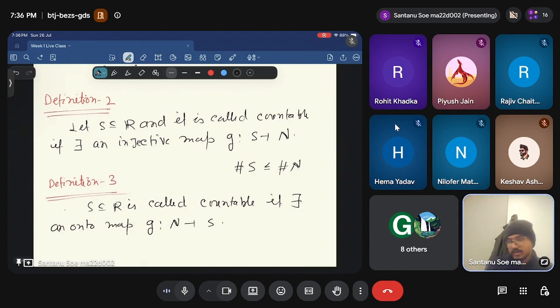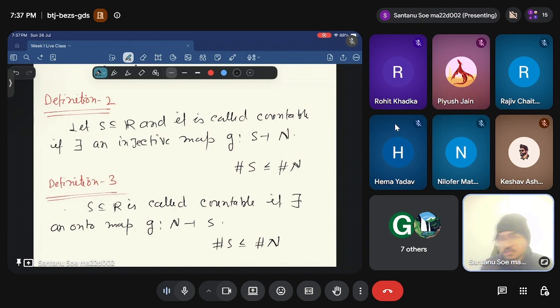So now if there is an onto map g from N to S, then what's going to happen is the cardinality of S cannot be more than the cardinality of N. In the same scenario, you can show that the cardinality of S is always less than or equal to the cardinality of N.